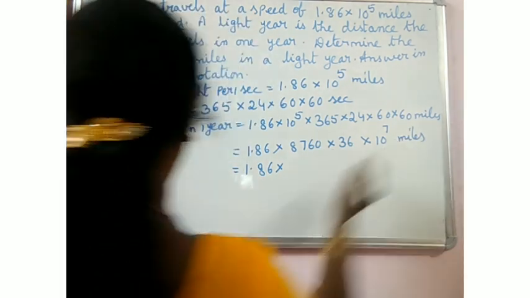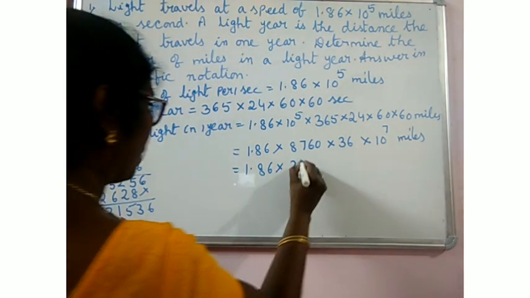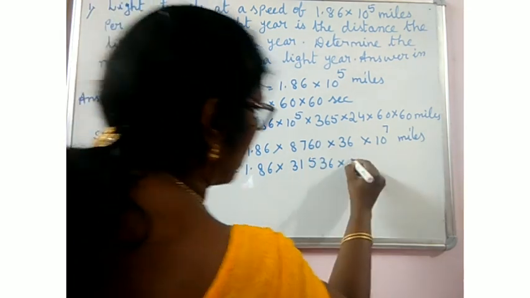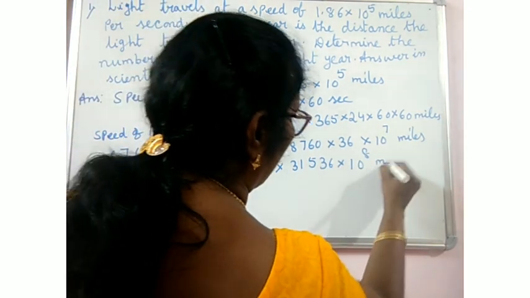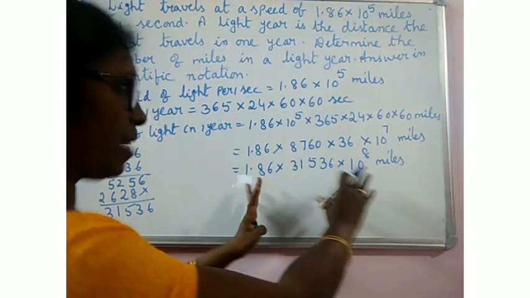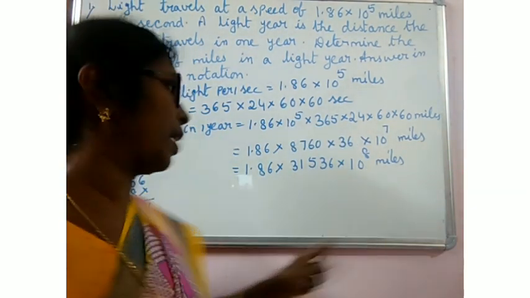Again, this 0 will be taken, so we get 31536 into 10 to the power 8 miles. Any problem? You can multiply everything and write, but for your better understanding I am explaining.